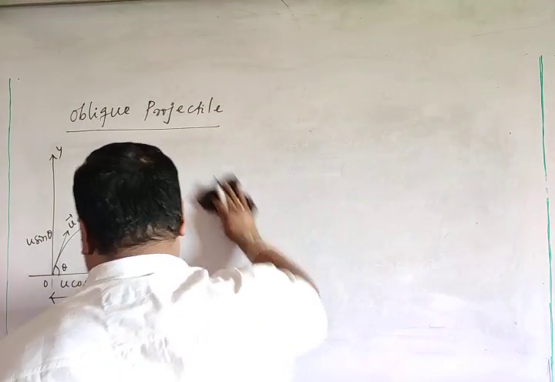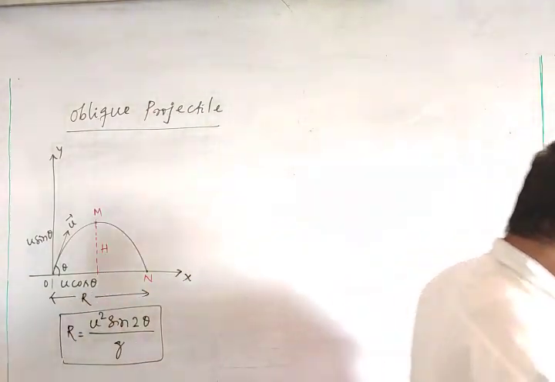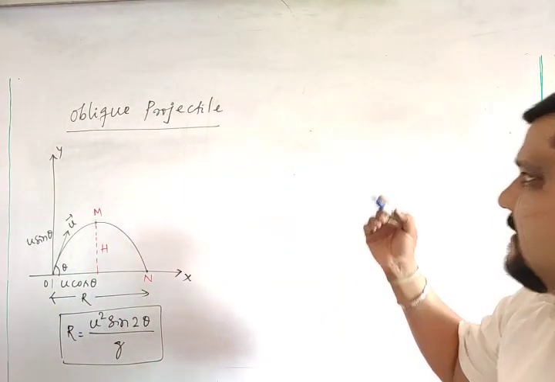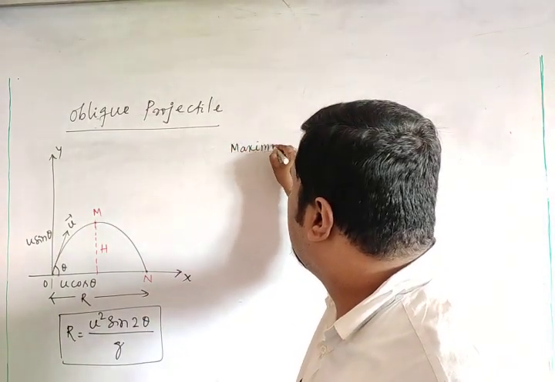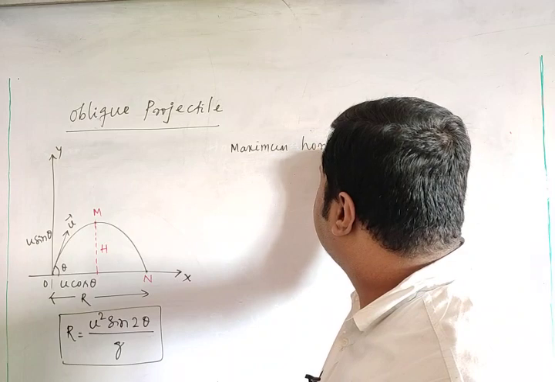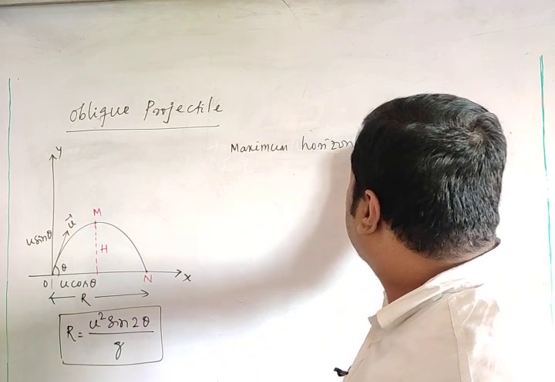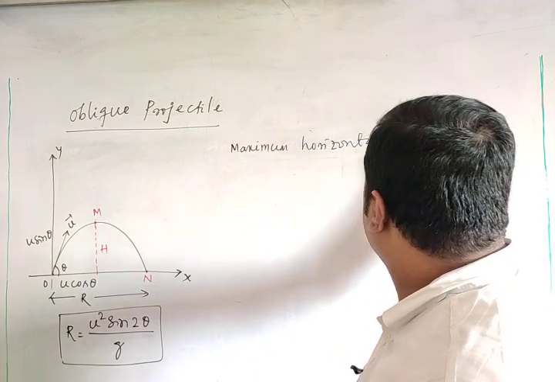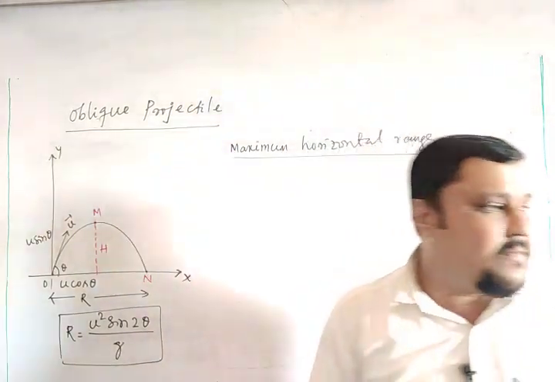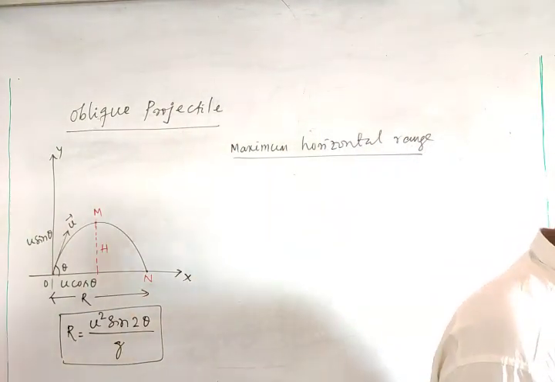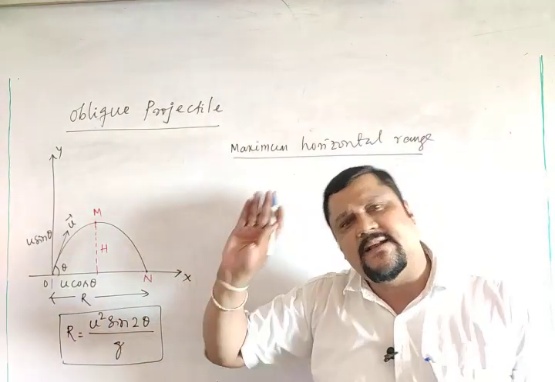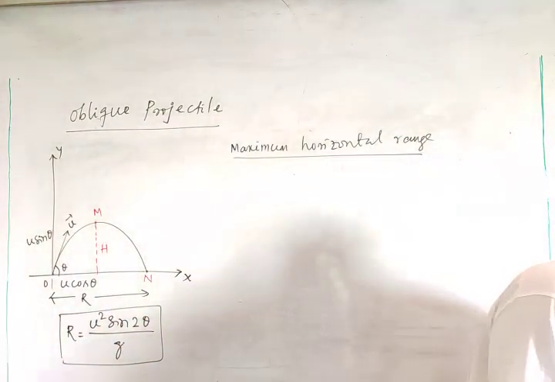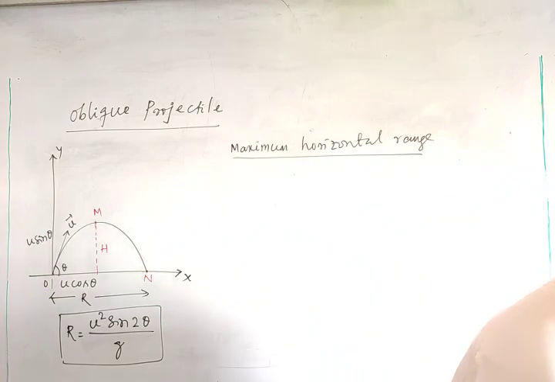And after knowing this horizontal range, when is this range maximum? What is the maximum horizontal range? To make it maximum, for a given velocity of projection, that is your u, the value of R will be maximum.